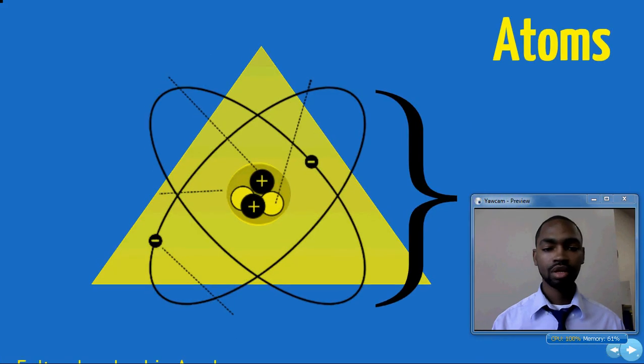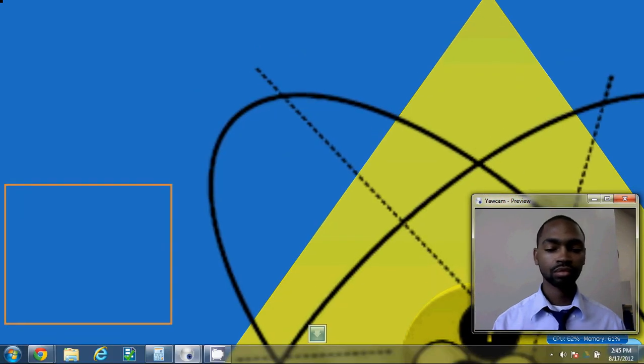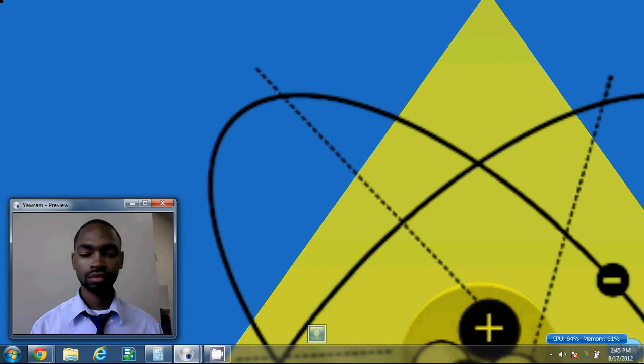Here is a primitive model of an atom. This is not exactly how atoms are, but it'll help for our purposes today. So let's start. First things first. We have the proton.